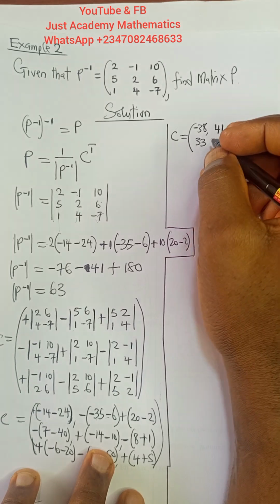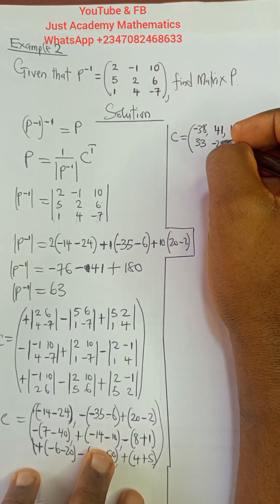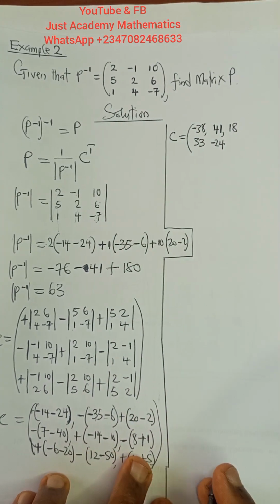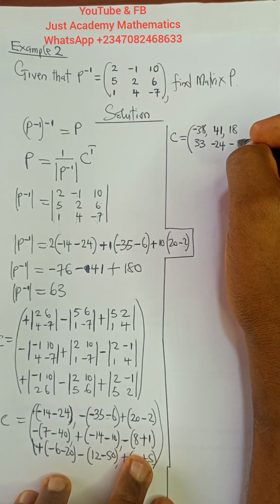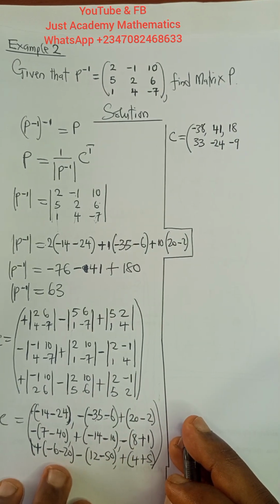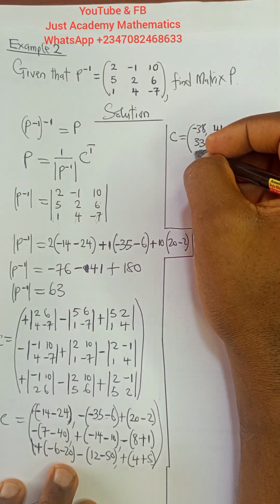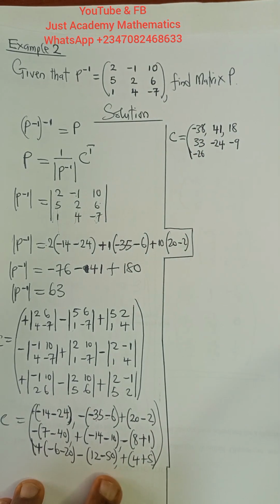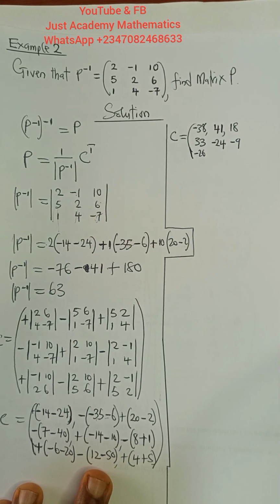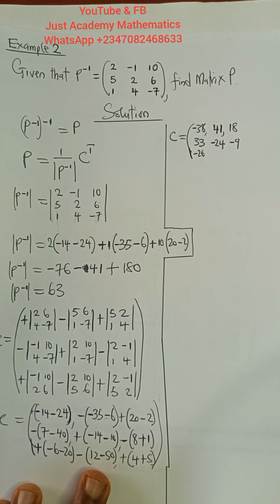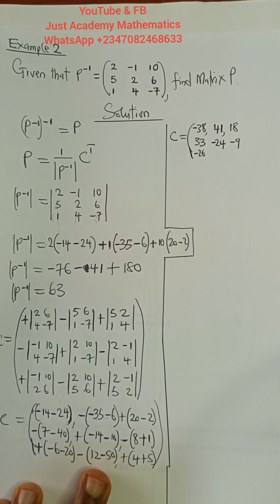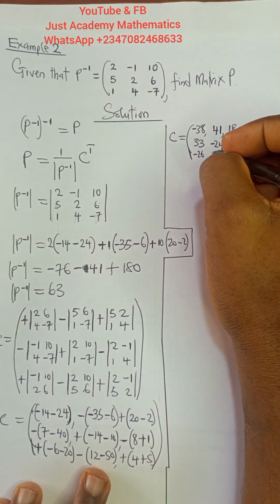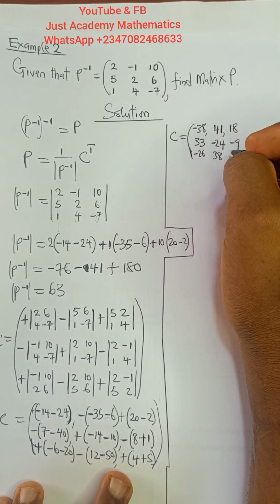Minus 24. Then minus 9. Followed by minus 26. This is minus 50. 12 minus 50 will give us minus 38, times minus 38 positive, and then 9.